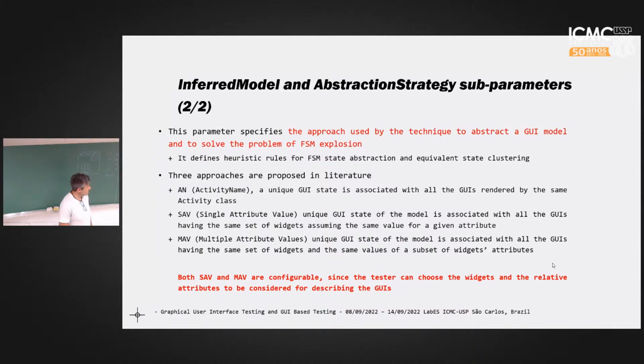MAV, multiple attribute values: in this case, the state of the model is associated with all the GUIs having the same set of widgets and the same values of a subset of widget attributes. Both SUB and MAV are configurable.